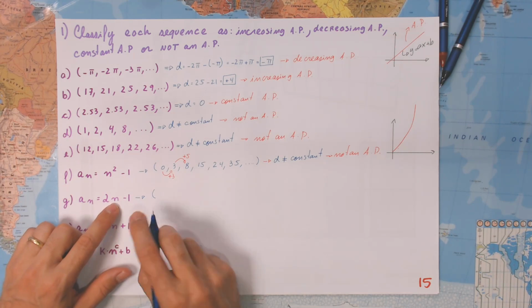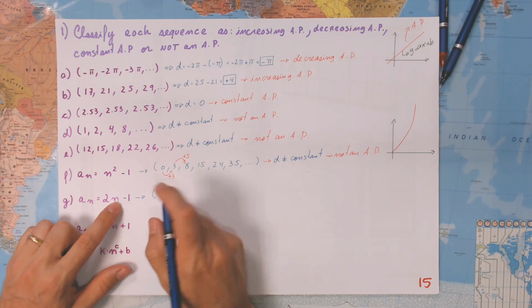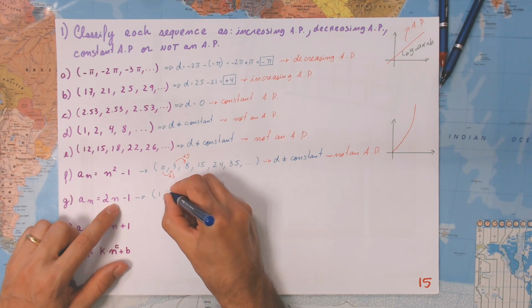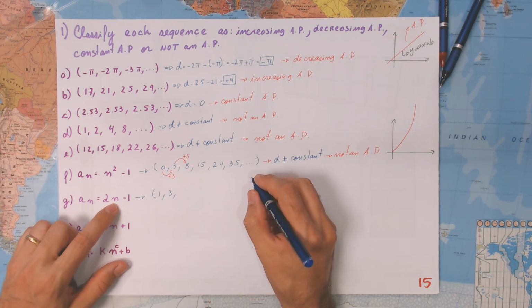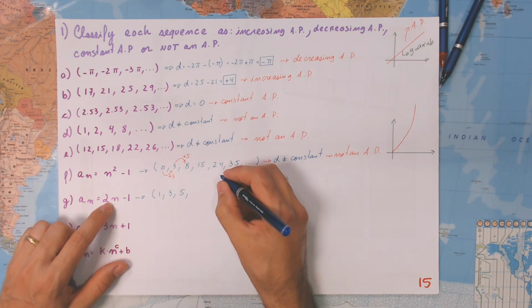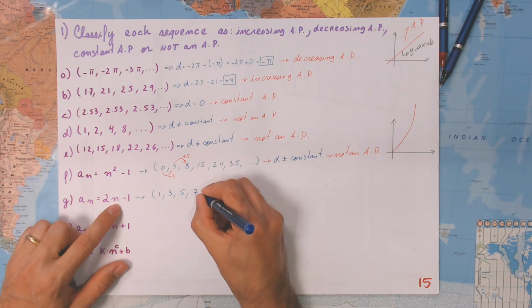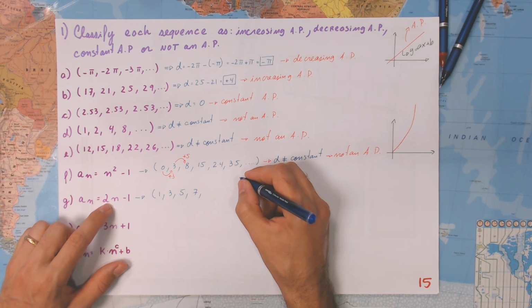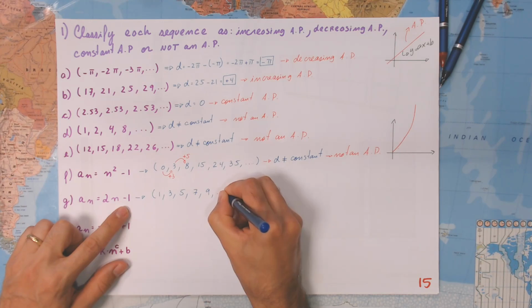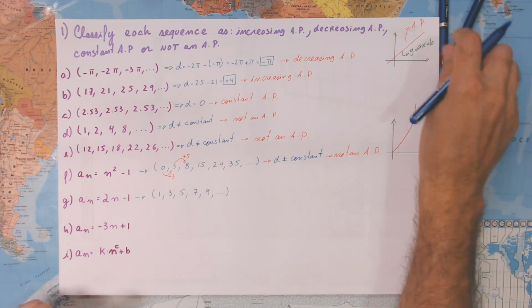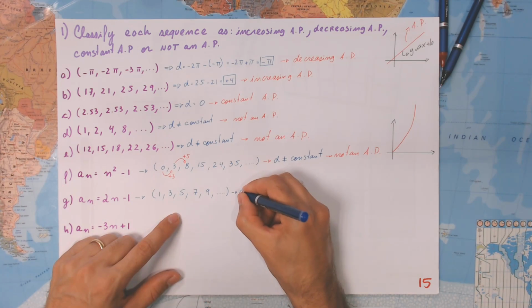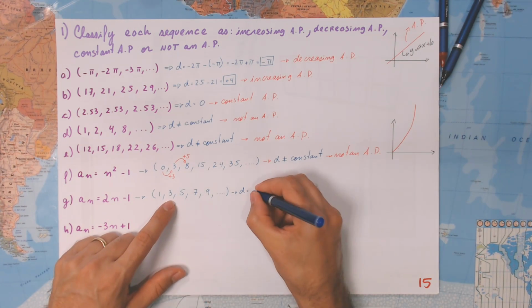Now n equals 1, 2 minus 1, 1. N equals 2, 4 minus 1, 3. N equals 3, 6 minus 1, 5. N equals 4, 8 minus 1, 7. N equals 5, 10 minus 1, 9. I think it's enough to see that we have our common difference being just +2, right?